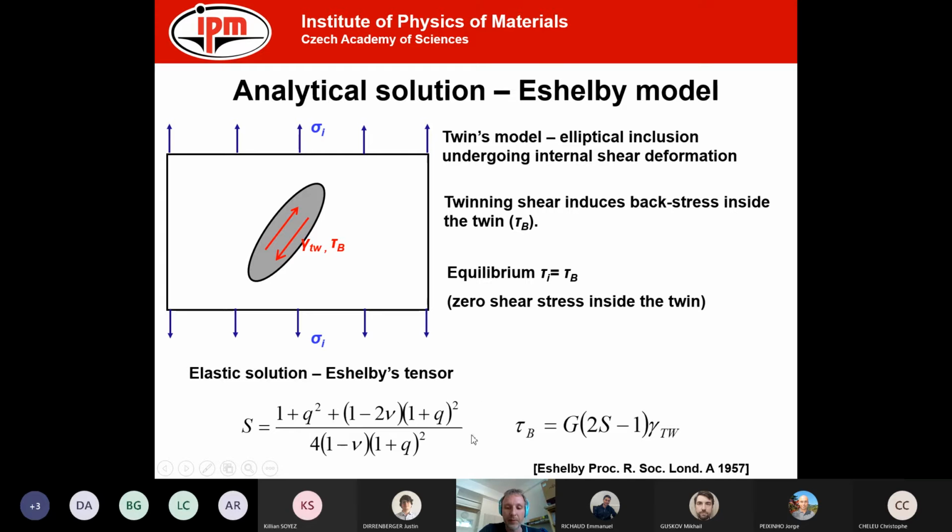Your back stress can be calculated from the twinning stress, the shear modulus, and the Eshelby tensor. That is basically a function of the twin aspect ratio and Poisson's ratio. So this gives you a precise or exact equation for the equilibrium.